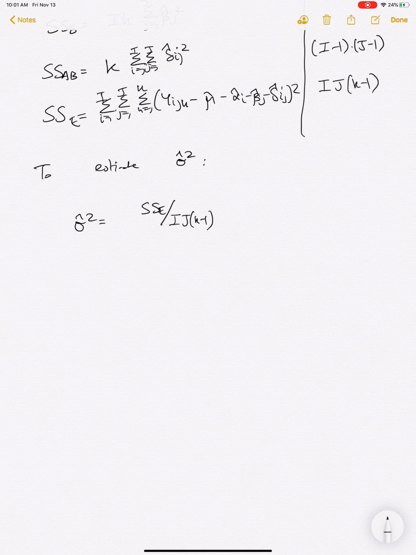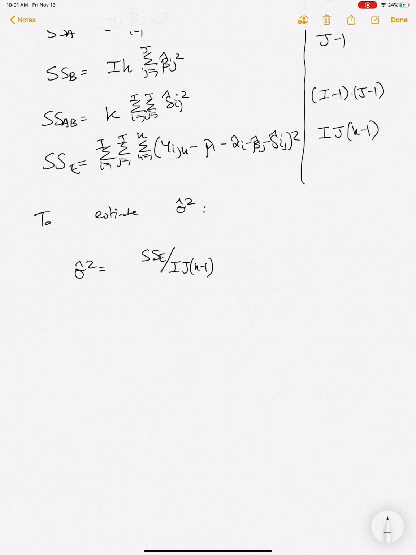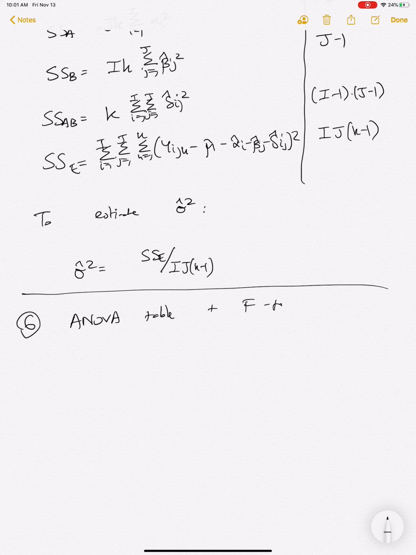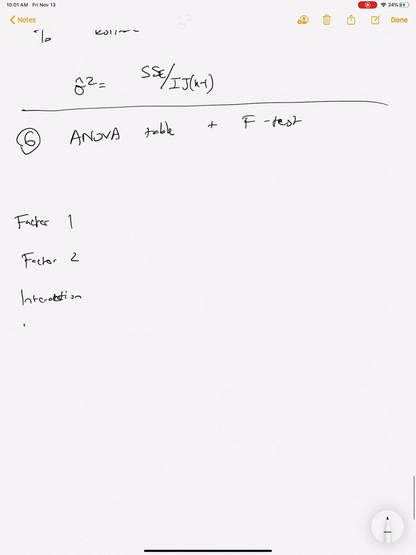Okay, so now we're close to being able to put things together for the ANOVA table and the f-test, which is a summary of everything. So if we want the ANOVA table plus the f-test, we have factor 1, factor 2, then we have the interaction, and then we have the error.